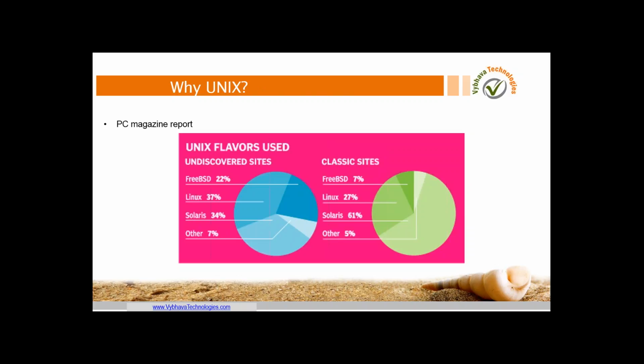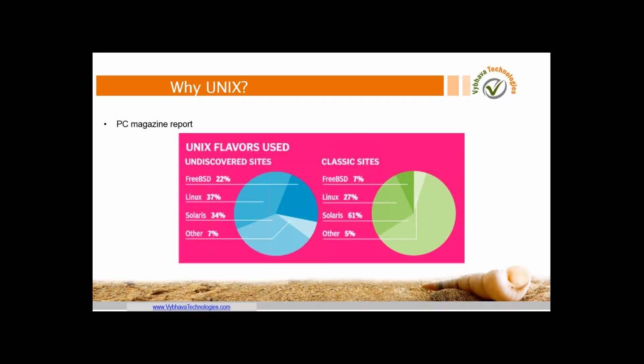They are using it only for learning purposes, just creating small sites. Whereas classic sites, like e-commerce sites such as Flipkart or other bigger environments, they are using 7%. Linux, regular Linux, Red Hat Linux or flavored Linux, is 27%. But in the biggest market, Solaris is 61%, and other flavors, Windows and Mac OS, only 5% on the classic side.